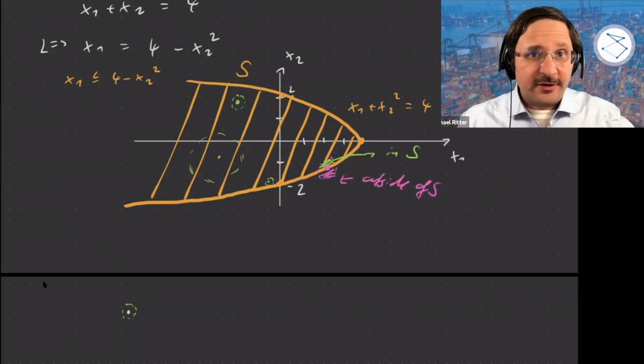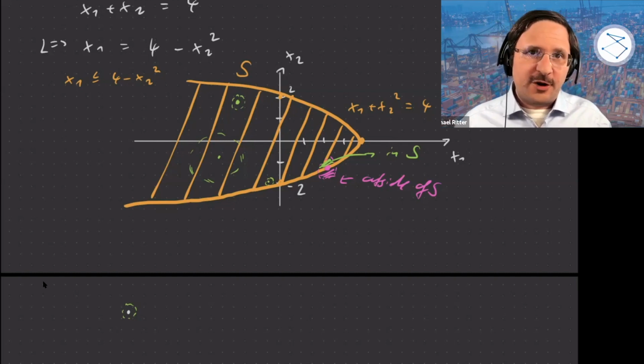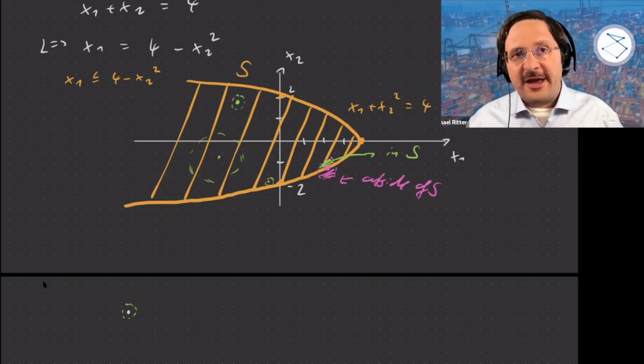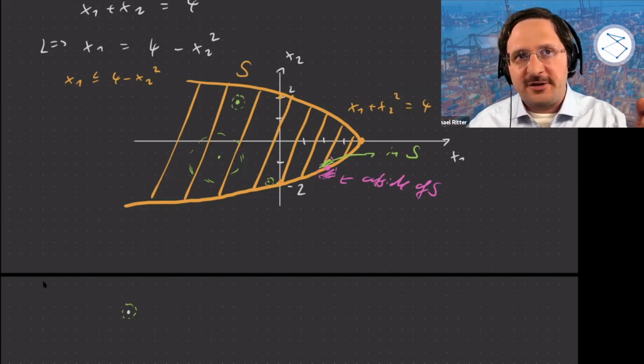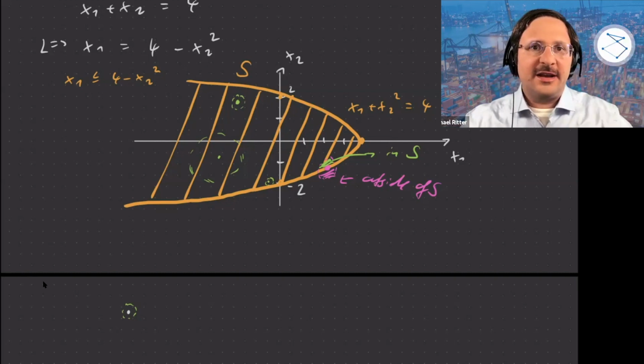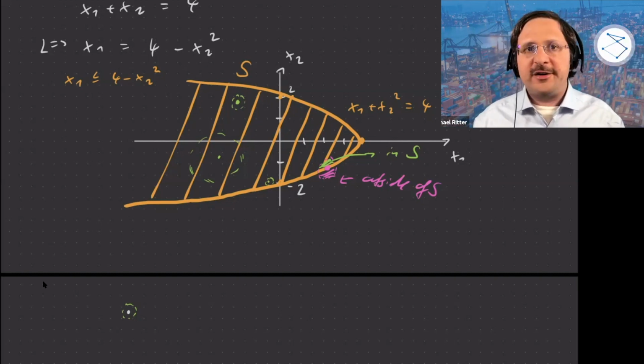So this is not an interior point, but this property is the defining property of what we call a boundary point. For every disk I draw around the boundary point, there's always points inside of S and points outside of S contained in that disk, no matter how large or small I make that.